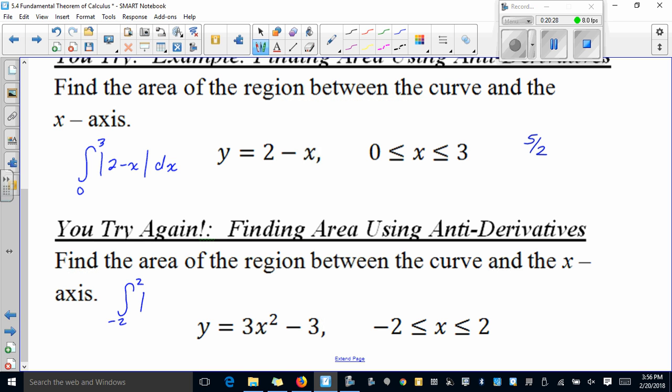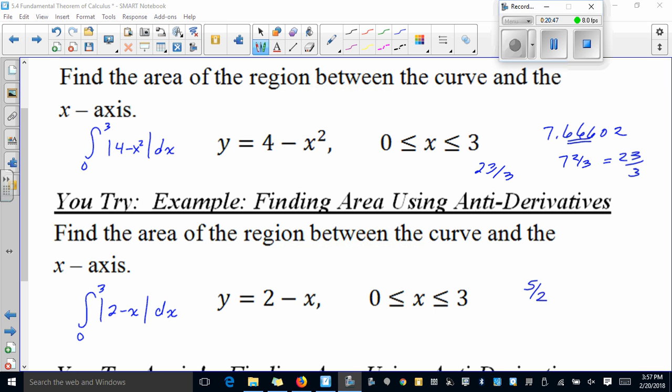I'm going to put this next little bit in red, because if you forget your absolute value symbol, I want to highlight it. If you put in 0 to 3 of just 4 minus x squared dx, you would have gotten an answer of 3. Quite a ways off from 23 over 3.